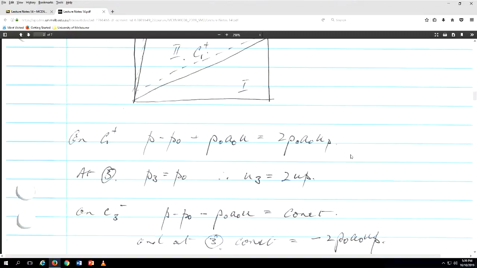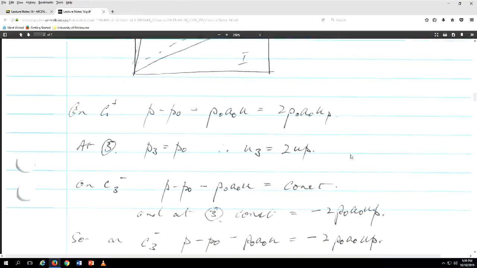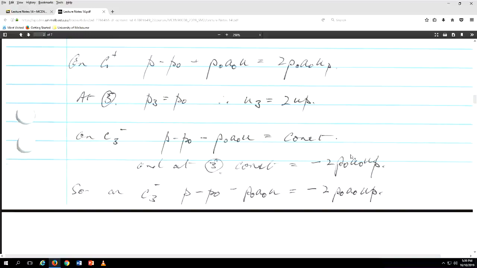That's the constant on the C minus. So you can see something interesting. On the C3 minus that goes through that point, P minus P0 minus rho naught A naught U is minus 2 rho naught A naught UP.